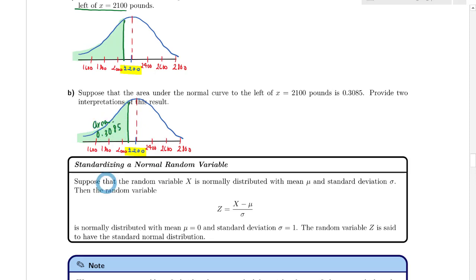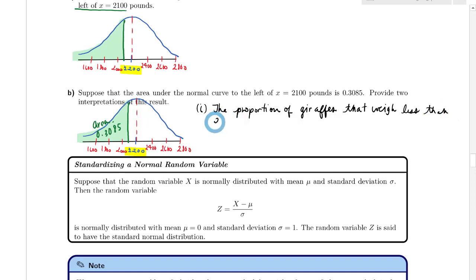The first one I would say is: the proportion of giraffes that weigh less than 2,100 pounds is 0.3085.